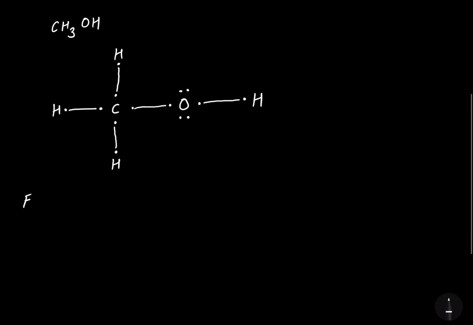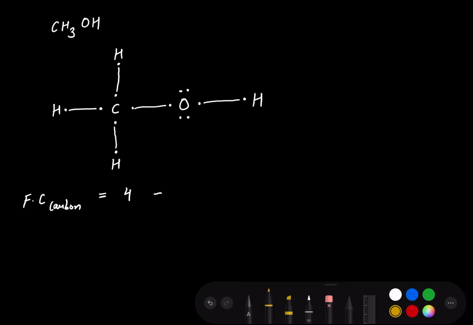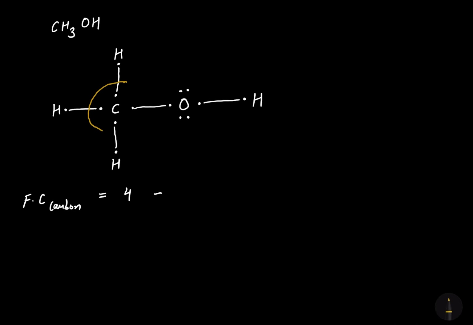Let's come to the formal charge of carbon. What's the formula? Number of valence electrons of carbon, that's 4, minus the number of non-bonded electrons in carbon in a covalent compound. Just examine the CH3OH. In CH3OH, carbon does not have any non-bonded electrons, so non-bonded electrons are 0.